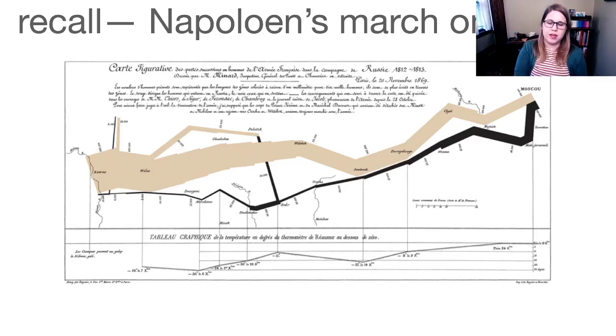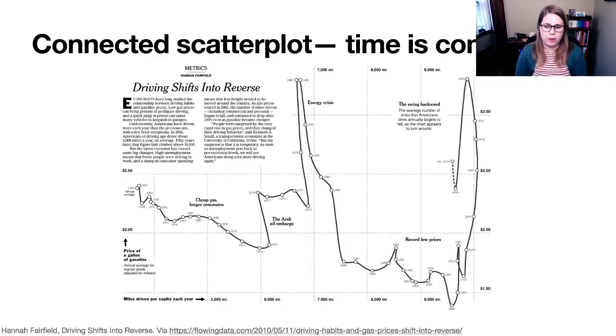So if we're trying to think of a better option, let's recall this graphic by Minard on Napoleon's March on Russia. This has a ton of information encoded on one plot, but it's not using a dual axis chart. This one's kind of complicated to read, but I think the idea from this plot shows through into more modern examples of connected scatter plots.